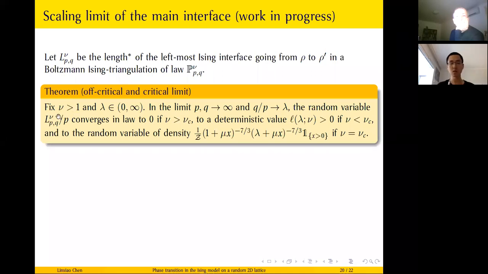So to summarize, at all fixed temperatures, the interface length scales at most linearly with respect to the perimeter, and it converges to 0 at low temperature, to some deterministic constant at high temperature, and to a finite random variable at the critical temperature.